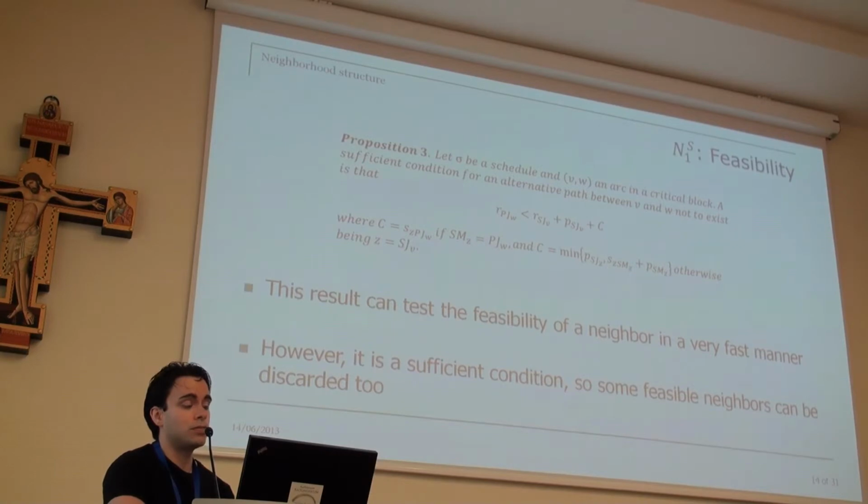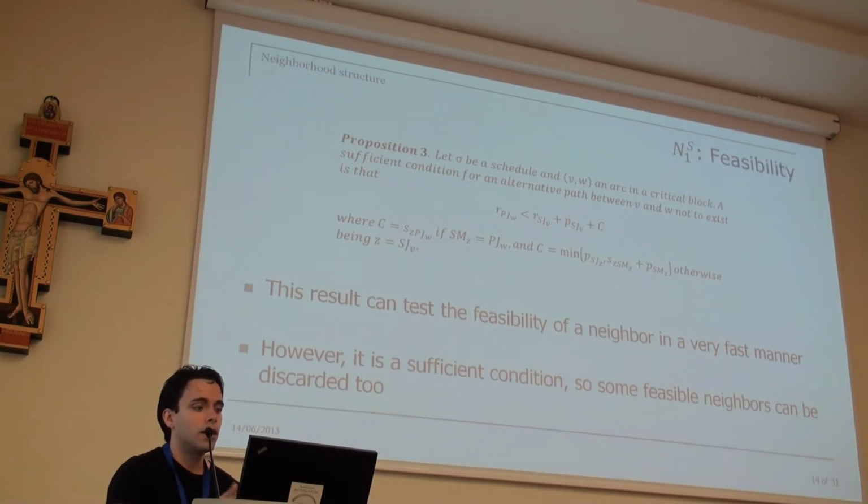This proposition gives a sufficient condition for these alternative paths not existing, so we can ensure then that the neighbor is feasible. This condition is very fast to evaluate and it's very accurate.